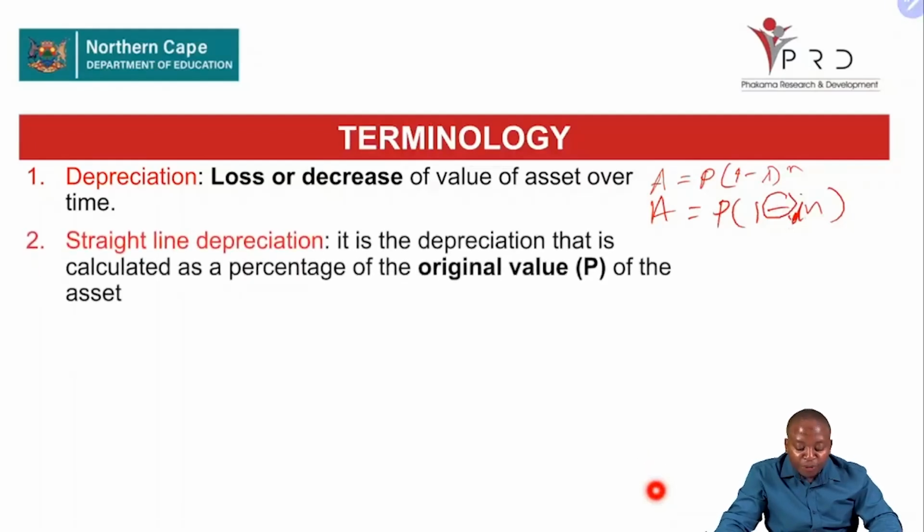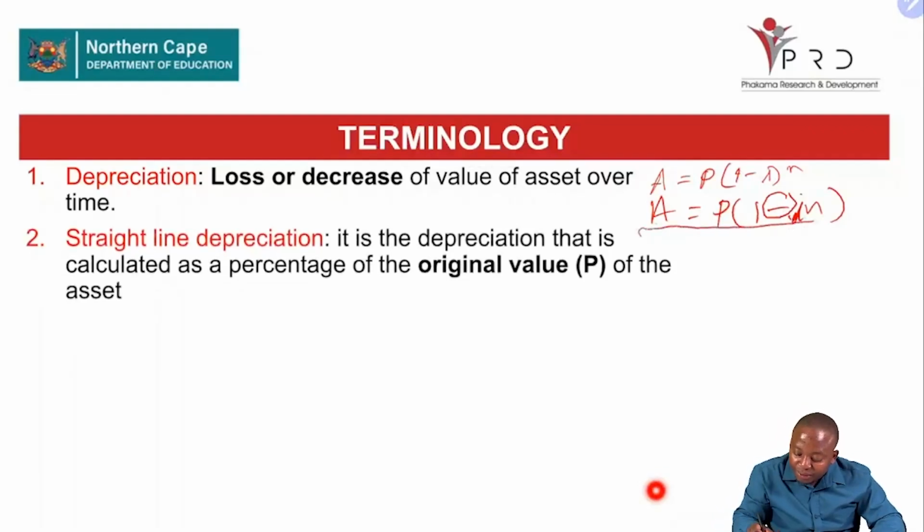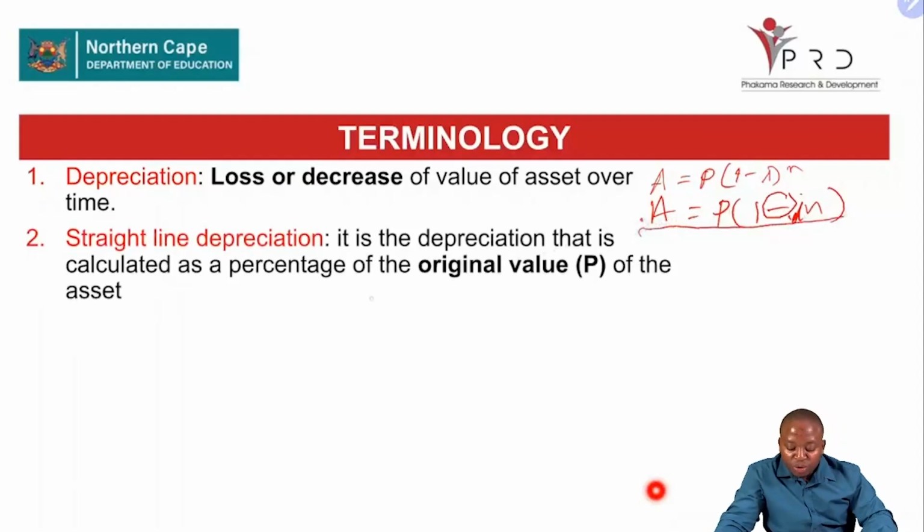We have two ways of calculating depreciation. We have a straight line method. The straight line method uses the simple or linear equation, which is the one that I've written down there. So what is straight line depreciation? It is the depreciation that is calculated as a percentage of the original value P of an asset.